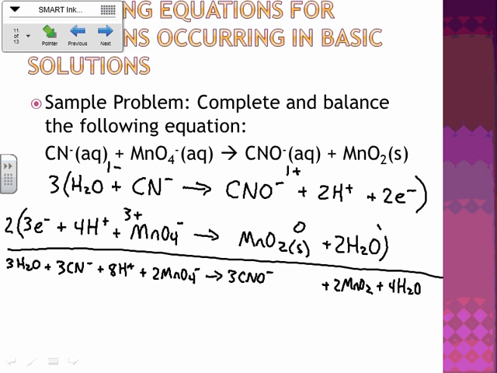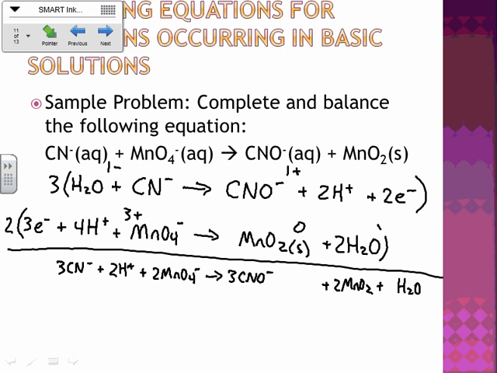So I'm just going to erase this, and then I'm going to change this to a 2. We can also do that with the water, right? Because there's 3 H2Os on the left side and 4 on the right side. So I'm just going to erase the 3 that are over here, and then erase the 4 that's in front of that H2O. So there's our net equation.